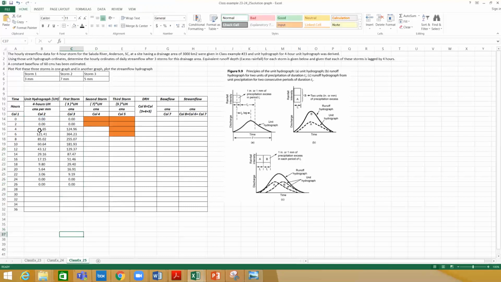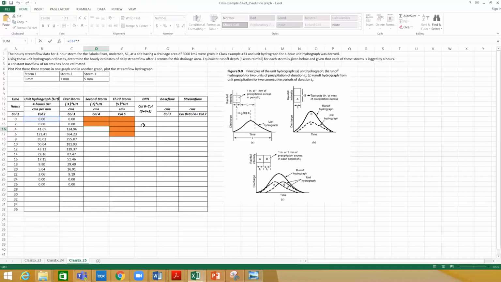So that is like 41.65 multiplied with 3, 124. Now the next storm started after 4 hours from the first one. So all the values will start at 4 hours, and that is the unit hydrograph. What we will do, if you look at this one, we are using this column multiplied with 7.